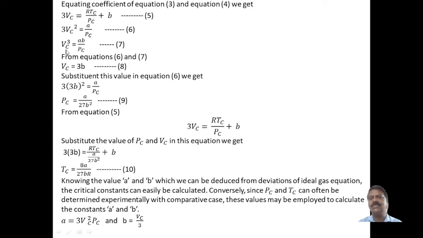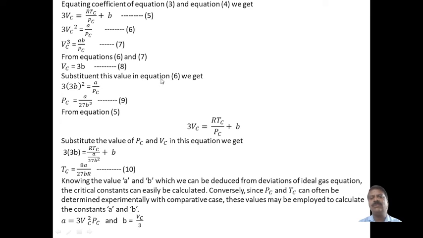Then it becomes Vc square, Vc cube gets cancelled, Vc divided by 3 will be obtained, and here Pc gets cancelled, A gets cancelled, B will be obtained. Therefore Vc divided by 3 equal to B. Then after transforming we get Vc equal to 3B. This is called equation number 8.